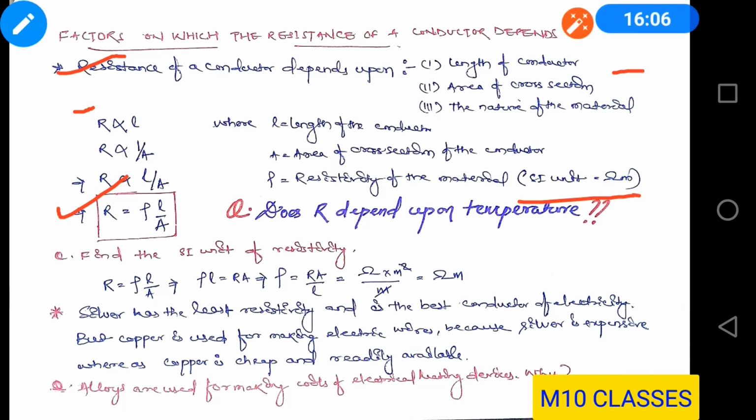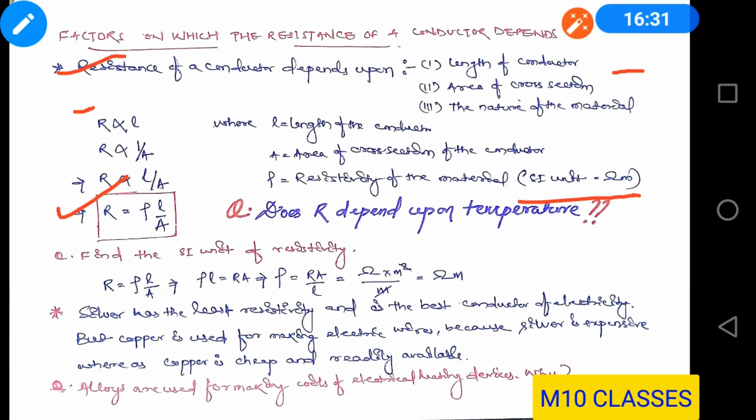Now in Ohm's law we have read that at constant temperature the potential difference is directly proportional to current. Why is it written at constant temperature? Is there any relation of temperature with resistance? Yes, there is a dependence of resistance on temperature.